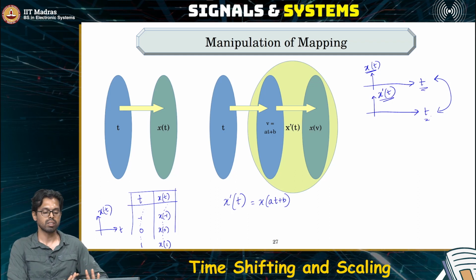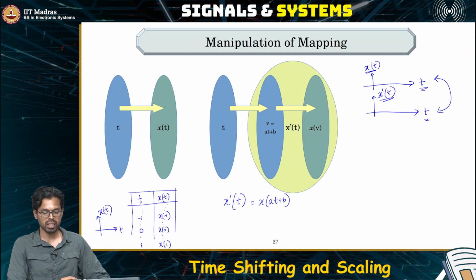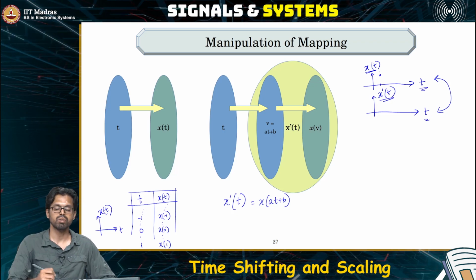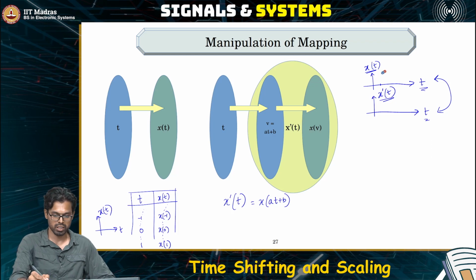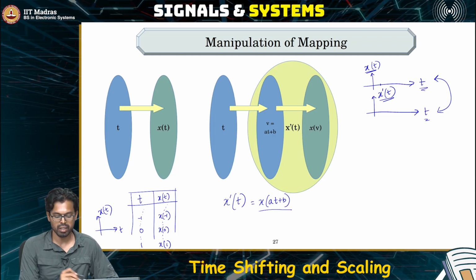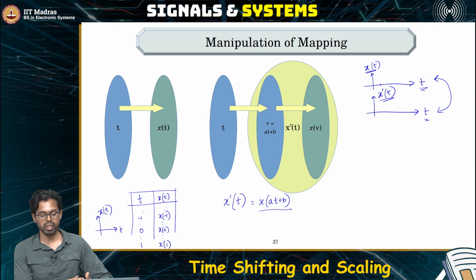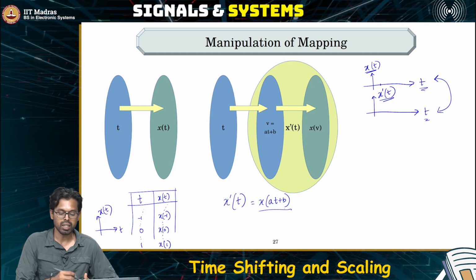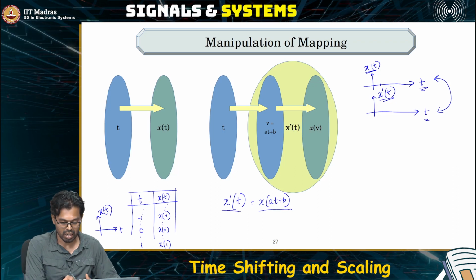The only thing that keeps changing is, for the value of time, what value x of t takes. So when you compute x of at plus b, you're generating a totally different signal, and let's call that signal x dash of t.